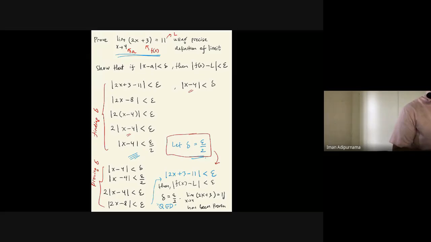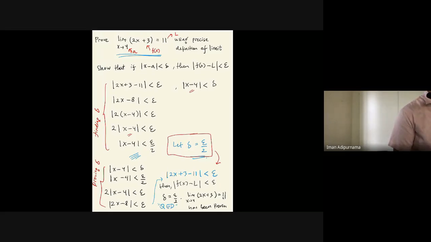And then another note that maybe is important. I think it's important. So delta depends on epsilon, but it cannot depend on x.